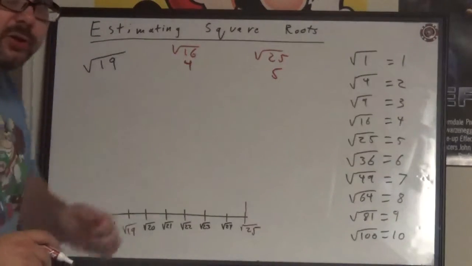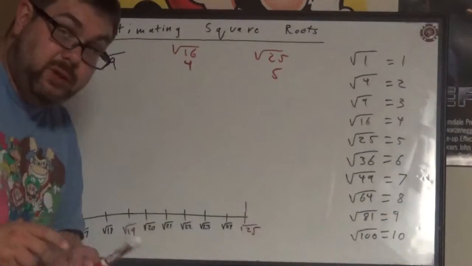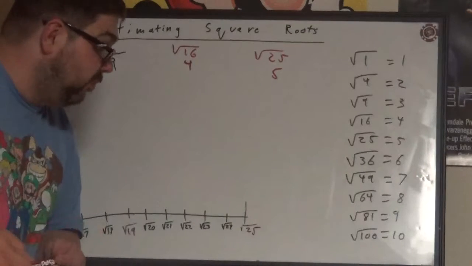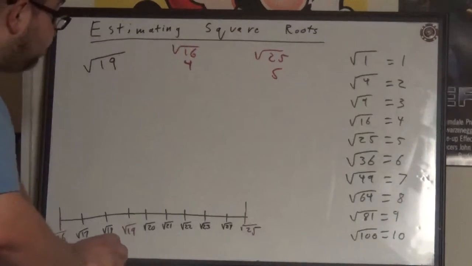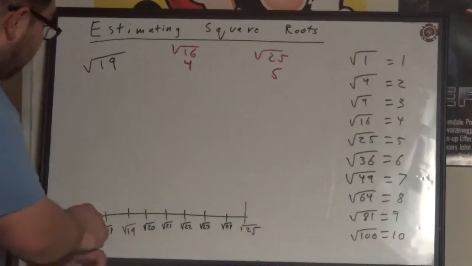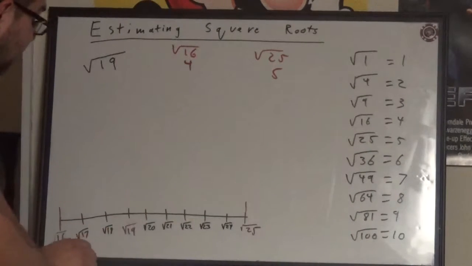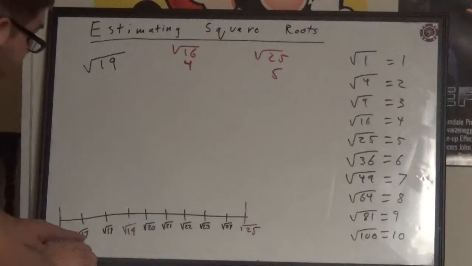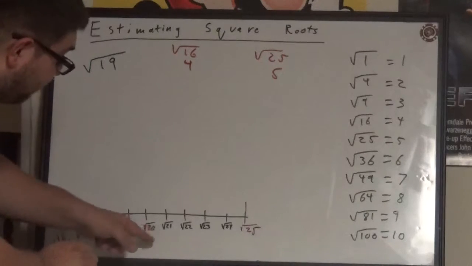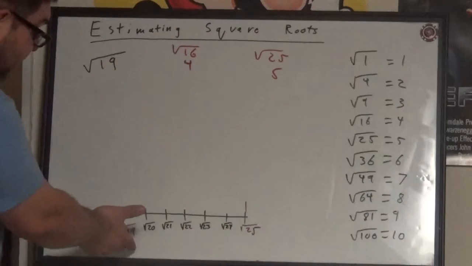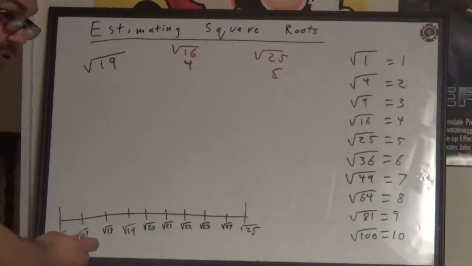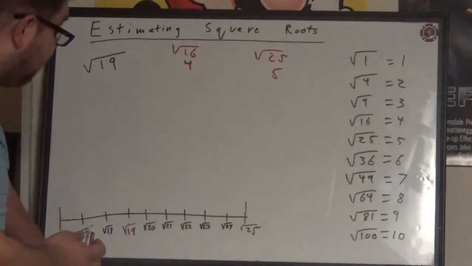This is important to know in a minute when we get our estimation. On the number line down here, I put the square root of 16, 17, 18, 19, 20, 21, 22, 23, 24, and 25. And you can see 19 is directly in between those.